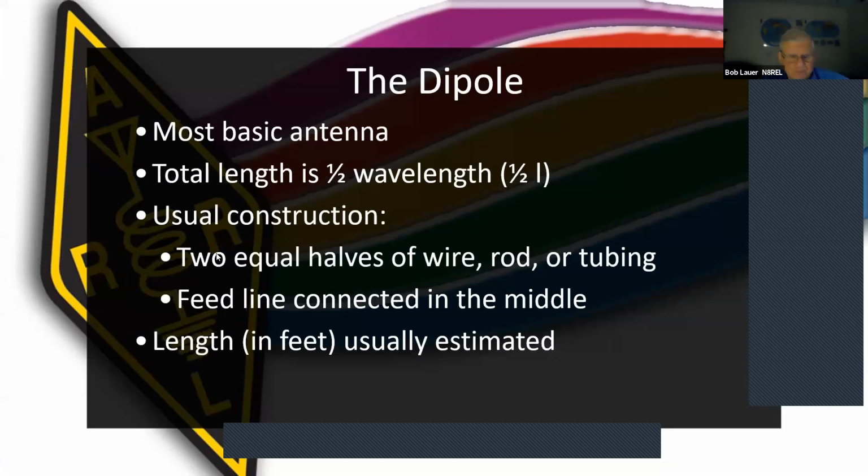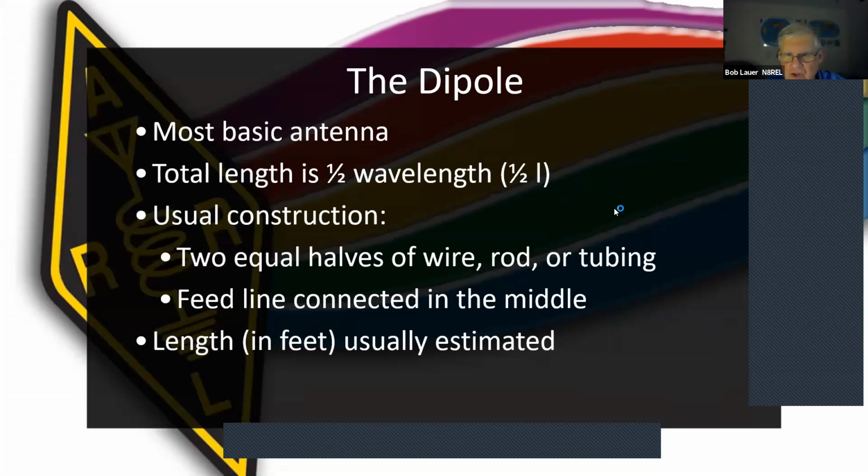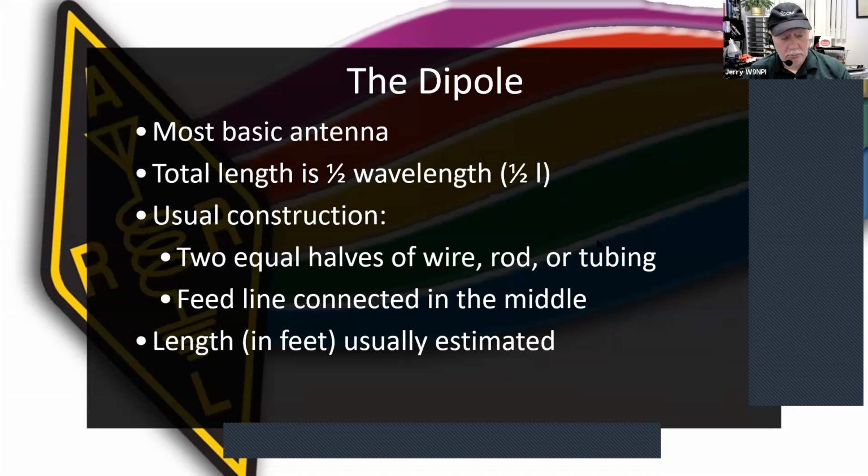Okay, the dipole. The standard dipole, and again, am I screen sharing? Yes. Okay, the standard dipole, normally half wavelength. So you don't normally use a dipole necessarily on VHF.